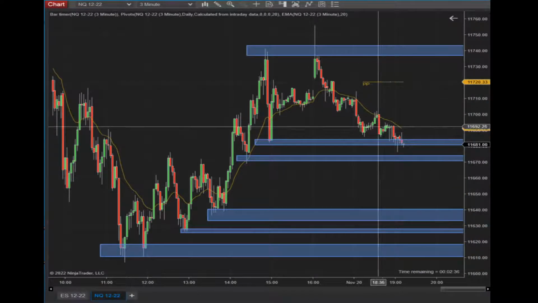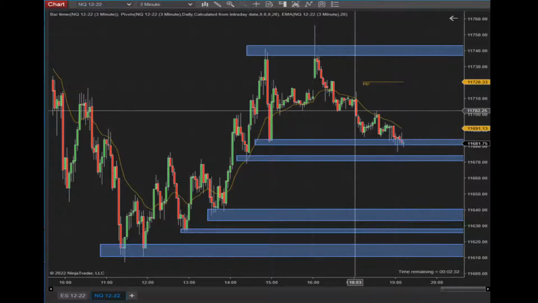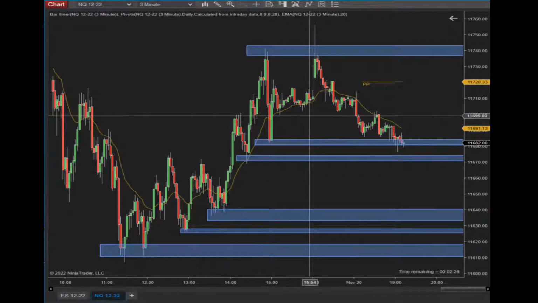Some of the other basics that I want to go through are just the simple things. So there are terms, right? Short, long. What does that mean? Shorting is whenever you sell a stock or sell a contract, in this case on the NASDAQ or the S&P 500.